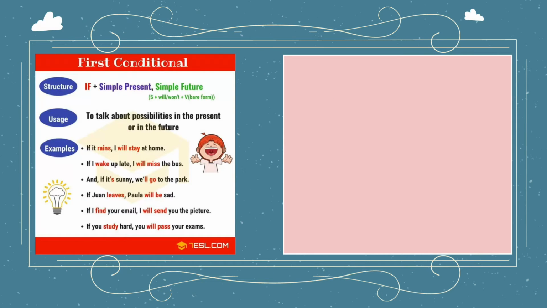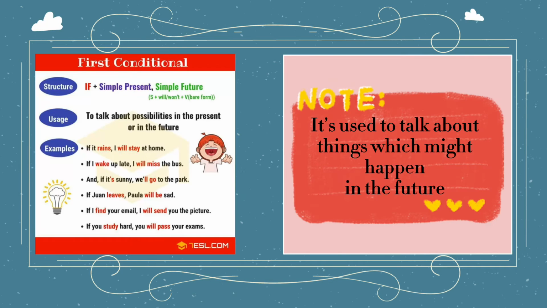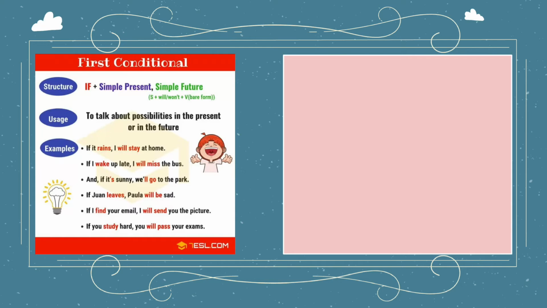Next, first conditional. The first conditional is used to talk about things which might happen in the future. Yes, we cannot know what will happen in the future, but this first conditional describes possibilities, things which could easily come true.